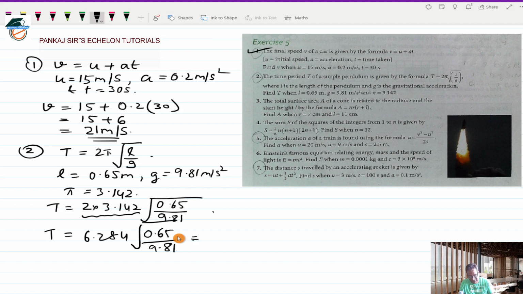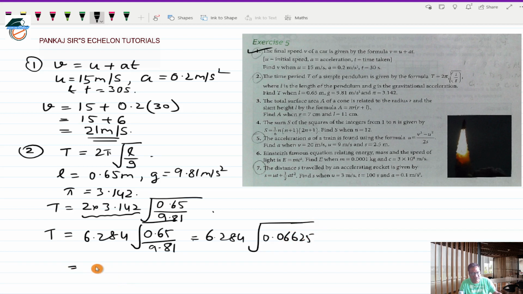0.65 divided by 9.81. I'm keeping 6.284 as it is, and the inside value of the square root I have got as 0.06625.